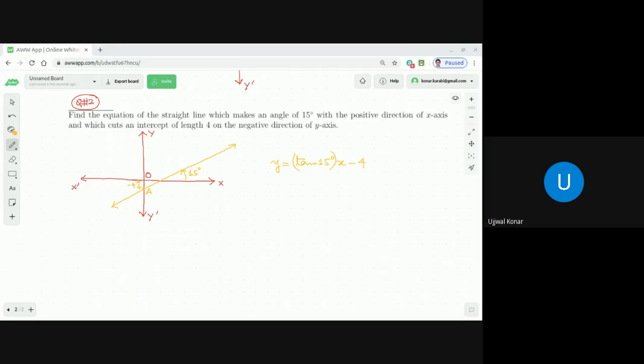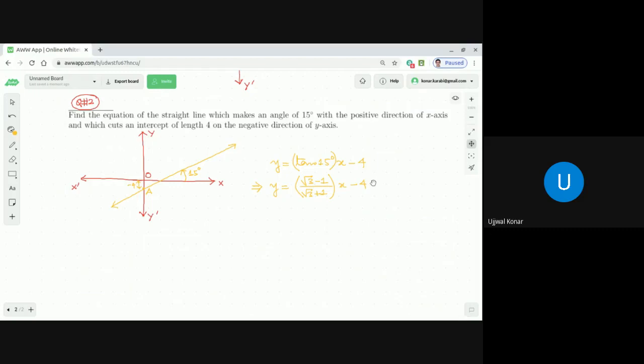So from here we can find y is equal to √3 minus 1 divided by √3 plus 1 into x minus 4. The y intercept is negative, minus 4.